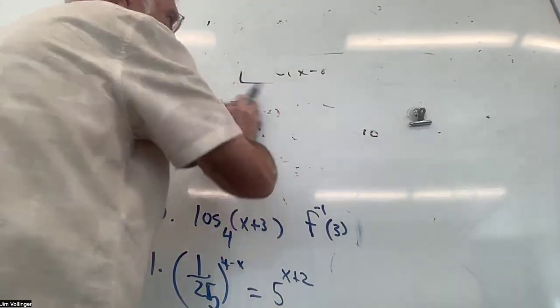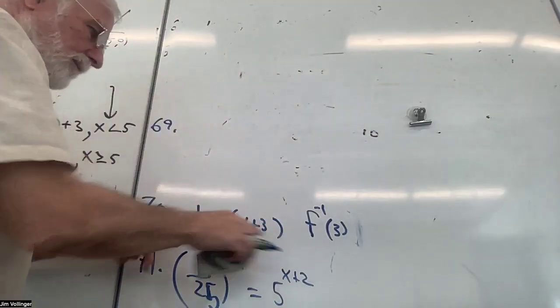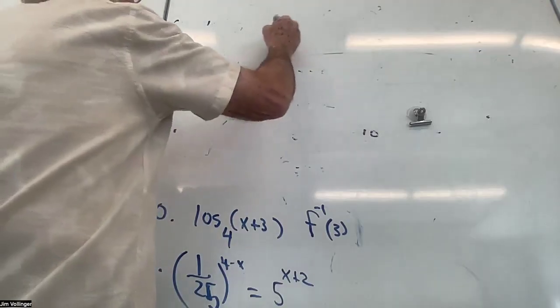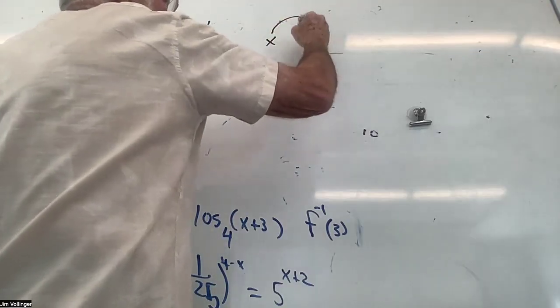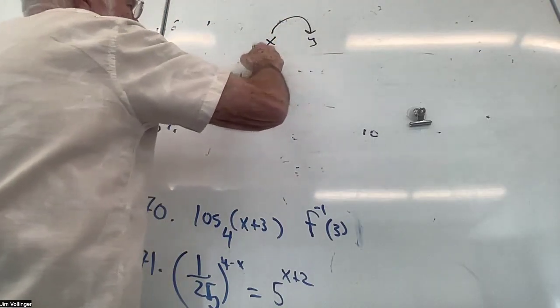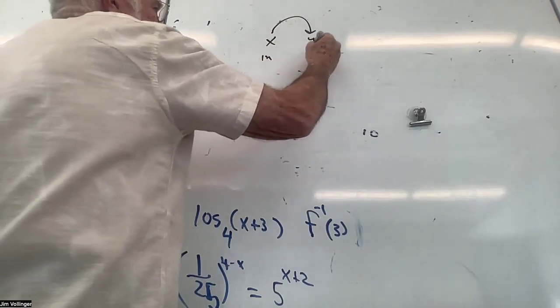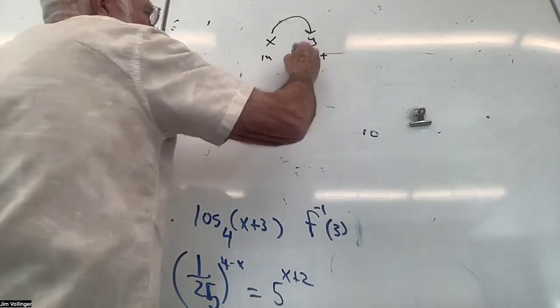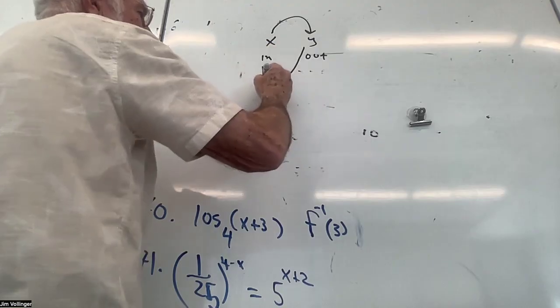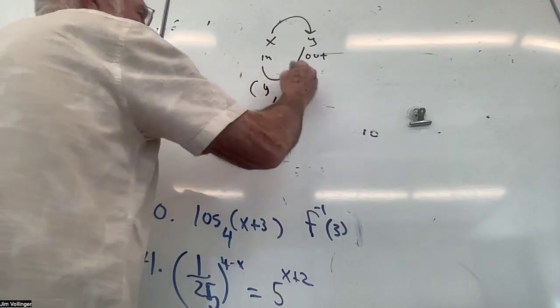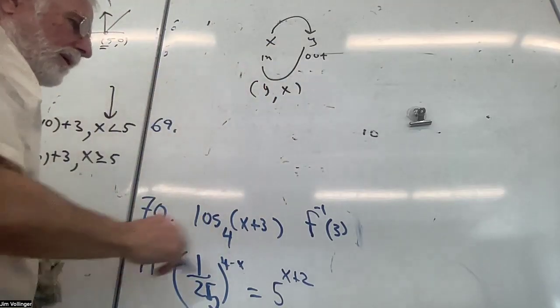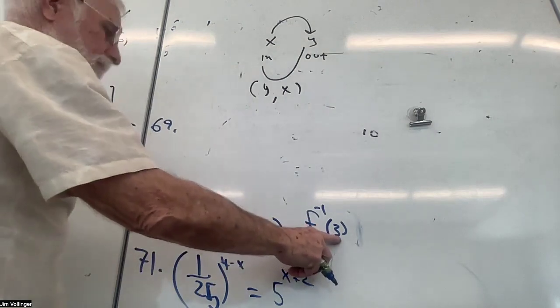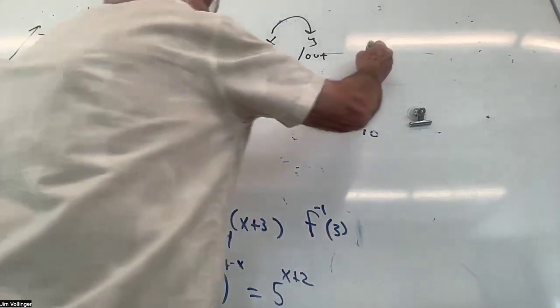All right, so that's done. The inverse. Well, what's the inverse of going from X to Y? Well, we plug numbers in, we get numbers out. And whatever number goes out becomes the input of our new calculation. So this is the output of this calculation.